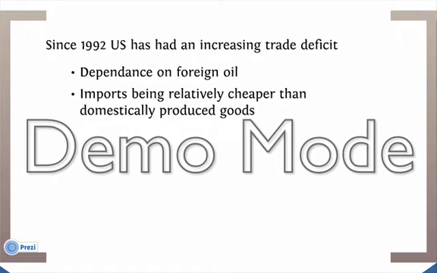And this second point is a cause of a lot of trade disputes between the US and China, as China has an exchange rate policy which devalues their currency, promoting their export industries. But the effect of this, from the American perspective, is that it makes imports much cheaper than domestically produced goods, so their manufacturing industries are suffering as a result.